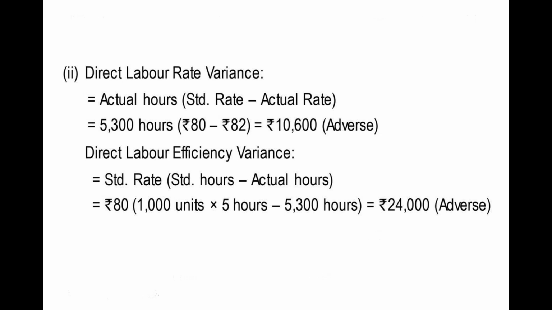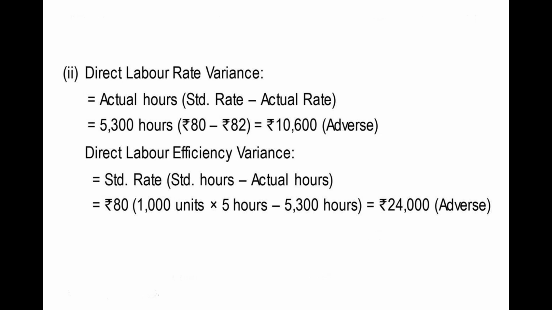So 4,34,600 divided by 5,300. Both the things are actual. That means actual direct labor cost divided by actual number of hours utilized. You will be getting a rate, the actual rate. How much? 82 rupees. Update.